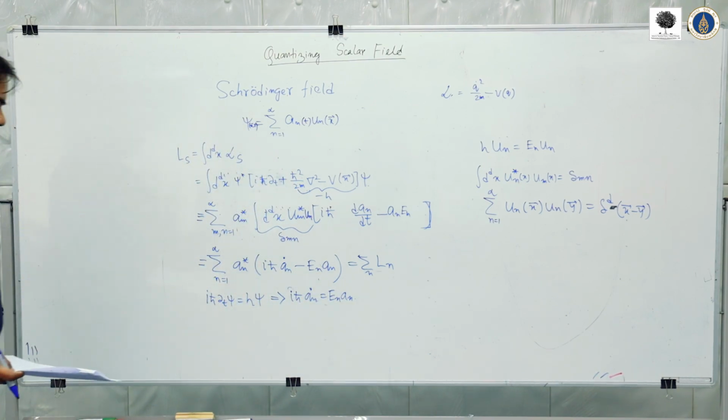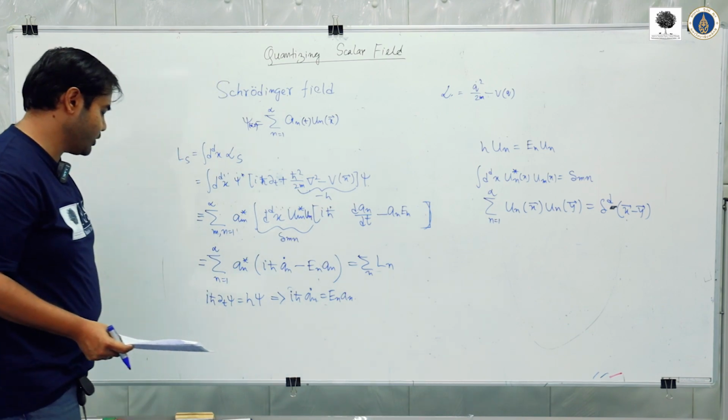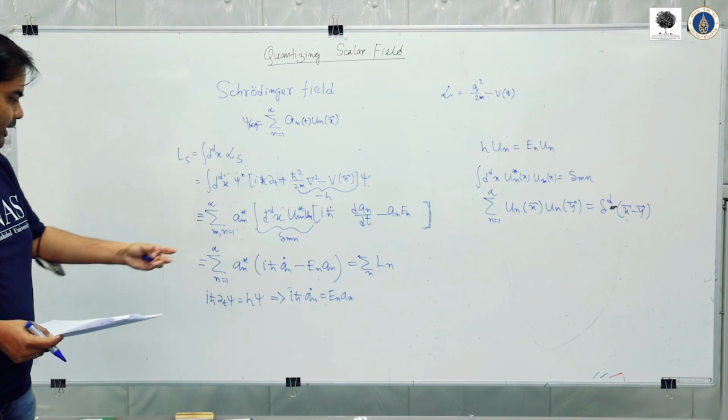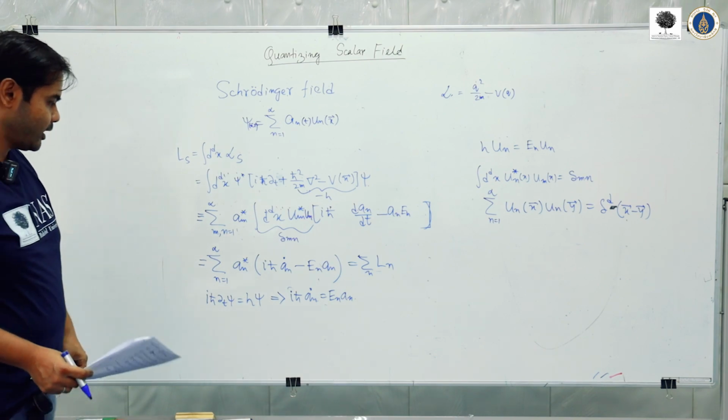Okay, and you can take its complex conjugate to arrive at the equation of motion for psi star, but essentially they have the same information.